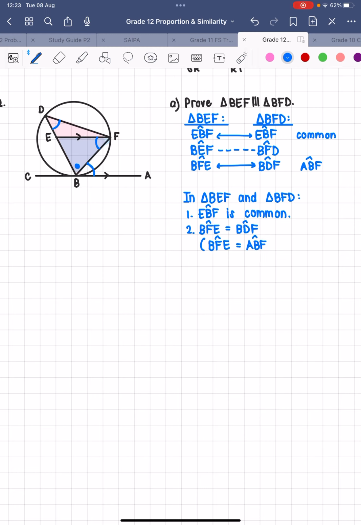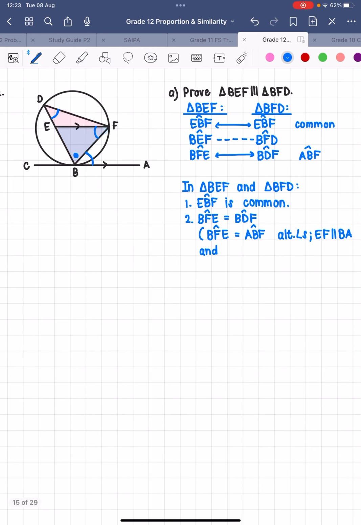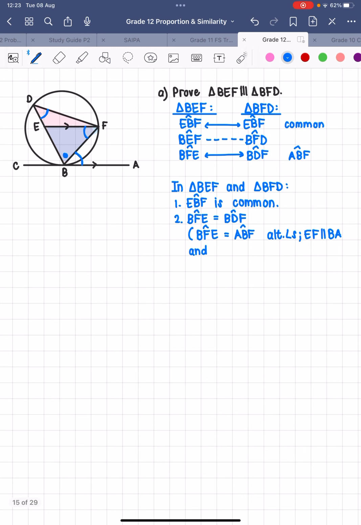And the reason for that is alt angles. I already have brackets, so I'm not going to write brackets again. EF parallel to BA. And we have that ABF is equal to BDF, and that one is because of tan chord.